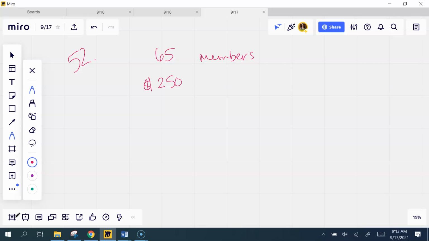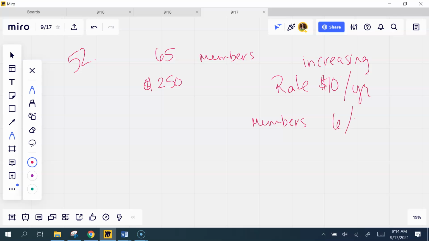The pavilion cost is increasing at a rate. When I see the rate, I'm automatically thinking what? Some type of slope, whether that's A rock or I rock. At a rate of $10 per year, while the Blue Boar membership is increasing at a rate of 6 members per year.